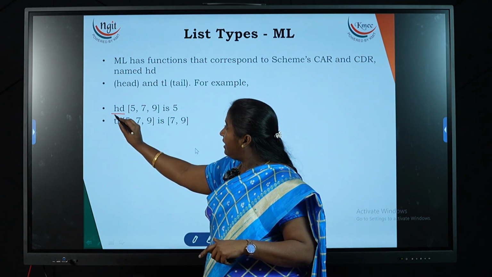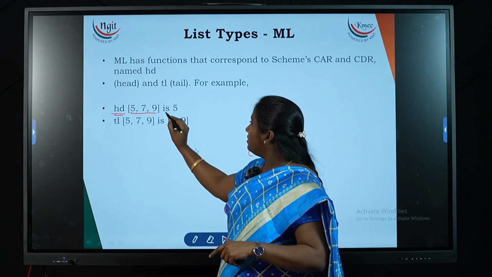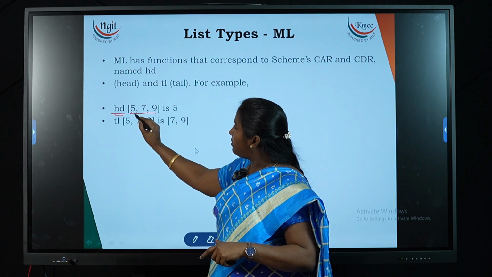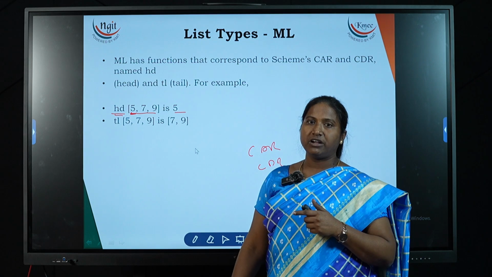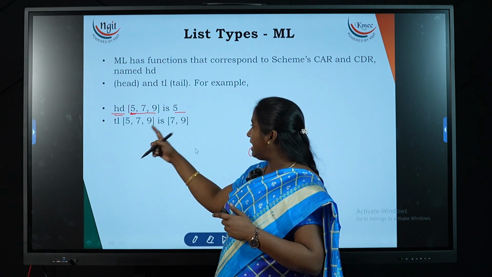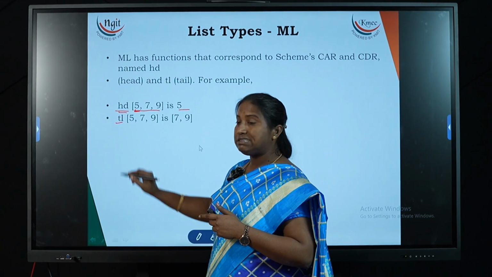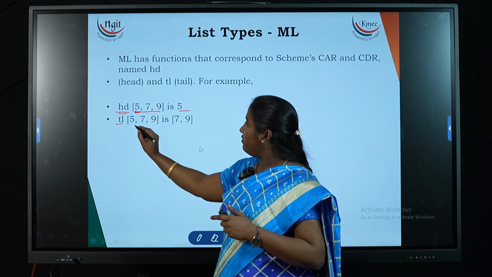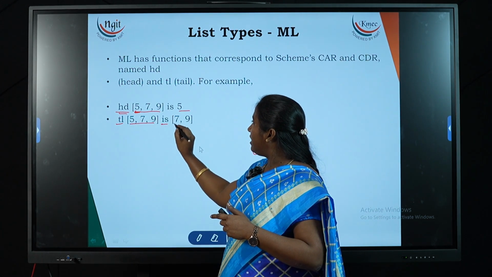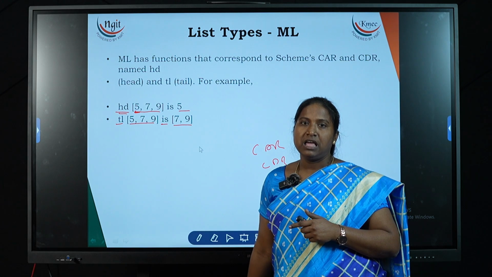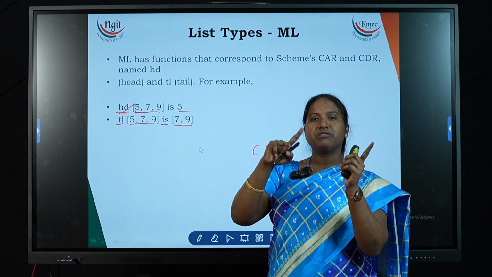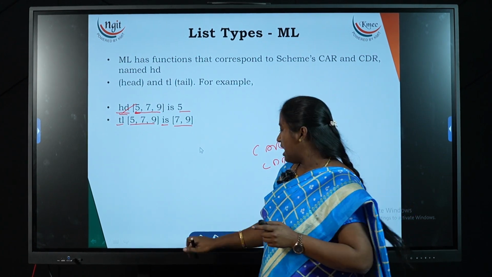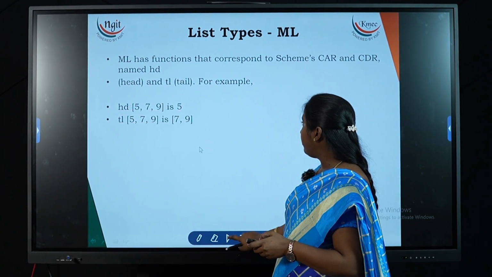When you write hd of 5, 7, 9, the value available in the head position or first position will get returned. If you want the next values, we'll use tail, tl, and write the whole list. Now it will return 7, 9. So ML uses keywords, Lisp uses functions. So this is the difference between them.